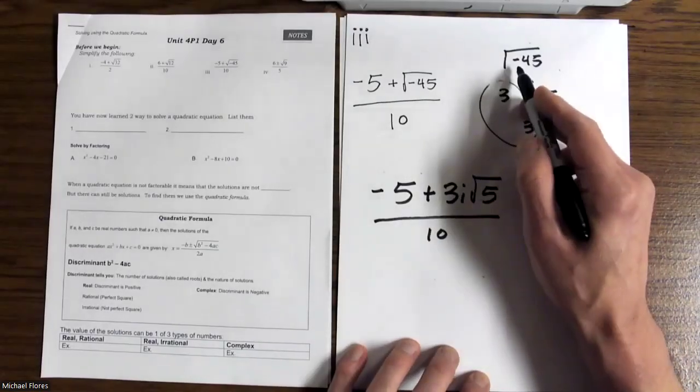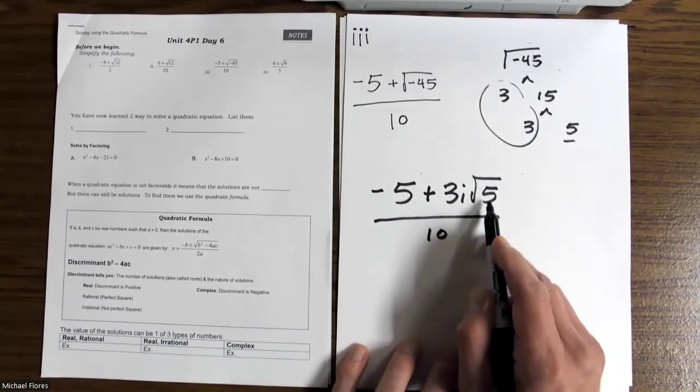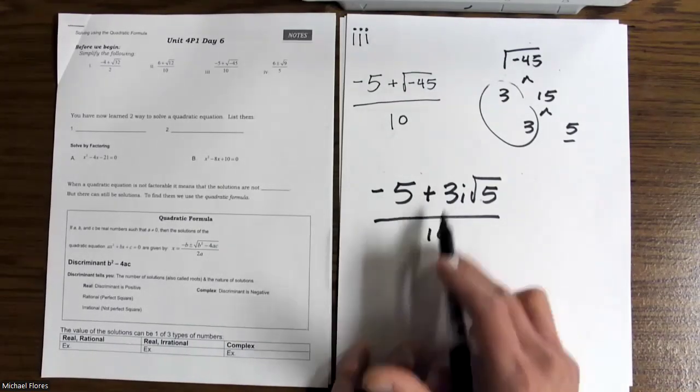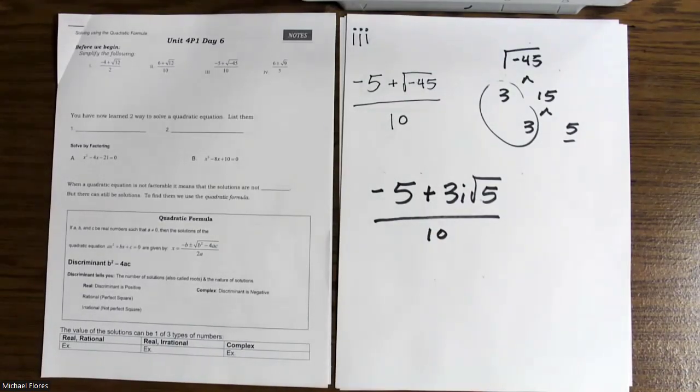Since it's a negative root, we have to make it positive once we simplify and put an i in front. Then we check, are all of the outside terms divisible by a number other than 1? And no, they're not. So we're going to leave our answer just like this.